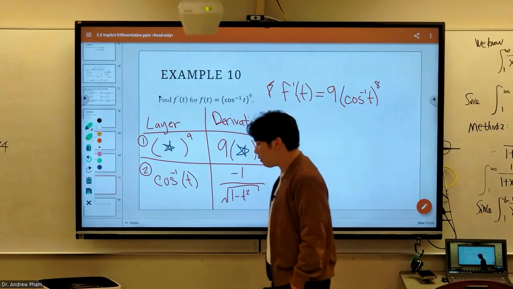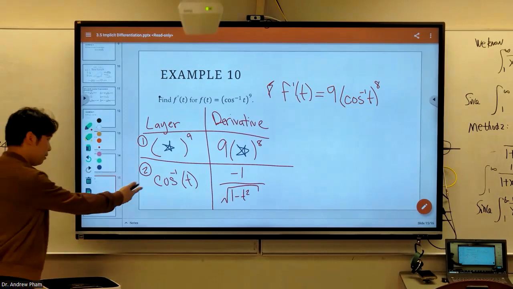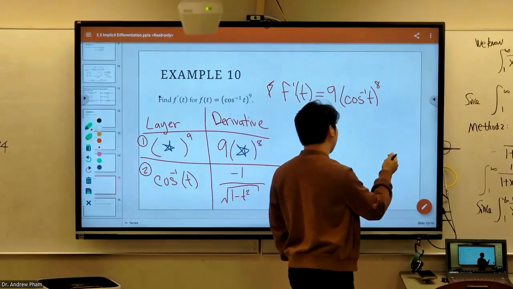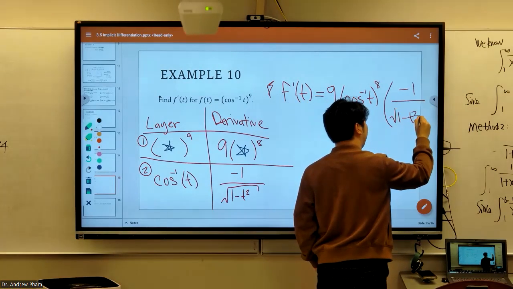So that's layer number 1. Layer number 2 is this big old expression over here. -1 over the square root of 1 minus t squared.